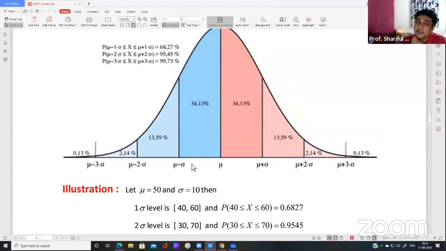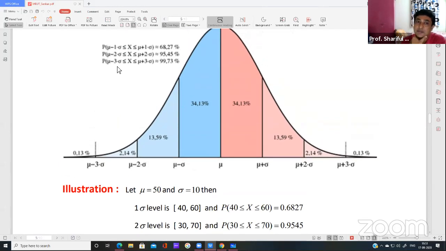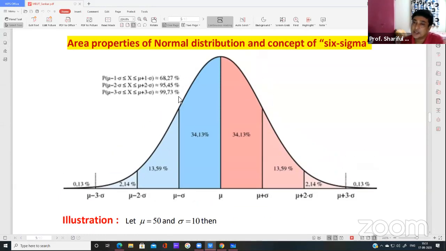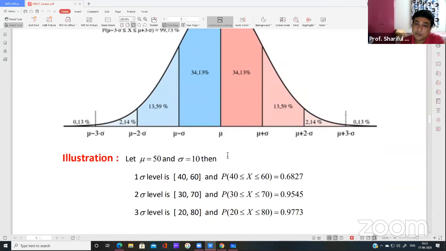The 3 sigma level is nothing but, from the mean, if we move towards the left up to 3 sigma, and to the right up to 3 sigma, that means the range will be mu minus 3 sigma to mu plus 3 sigma, and the chance that any data will be within this range is 99.73%. Okay, it will be clear if I give you one example.